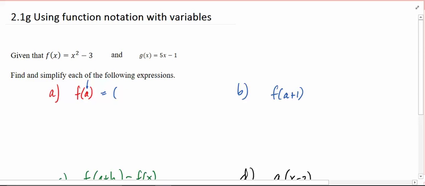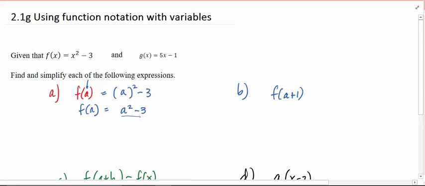So everywhere I have an x, I'm going to take it out and replace it with an a. So let's see what we have. We have a squared minus 3, and that's what f of a is. The result of putting in an a is a squared minus 3.